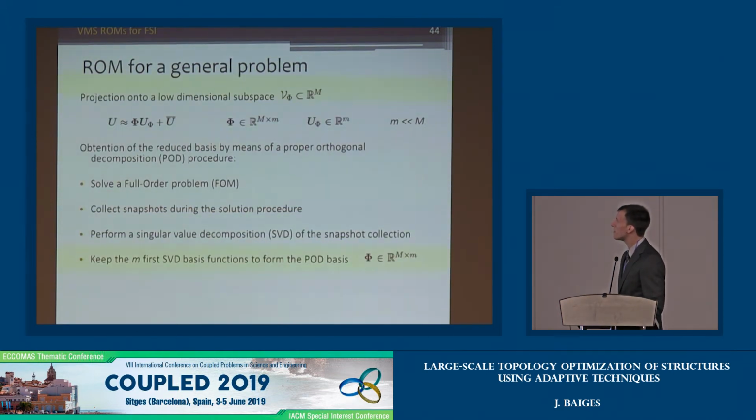So today I'm not going to have too much time for this, but let me simply summarize the idea. The idea of any reduced order model is to project our full order model, the high fidelity model, onto a reduced order subspace. And in particular, if you use POD, you are going to express your solution as the linear combination of several reduced order basis functions times some reduced order coefficients plus possibly a mean value.